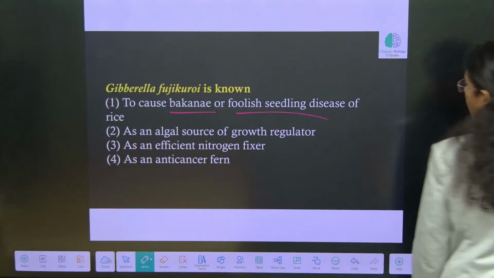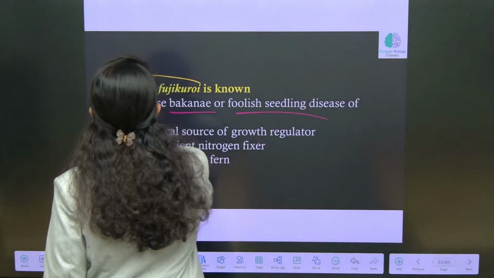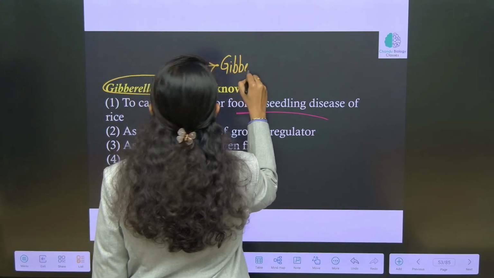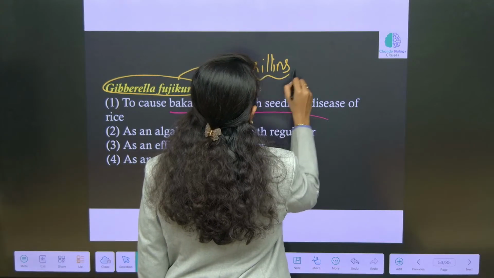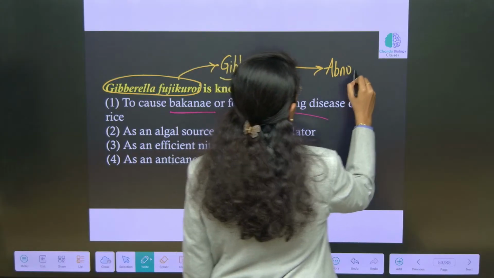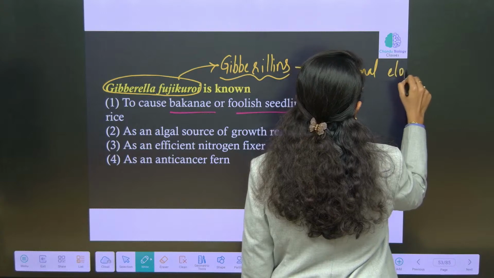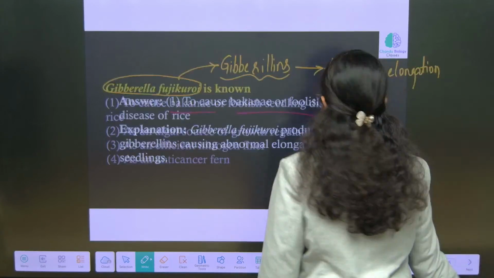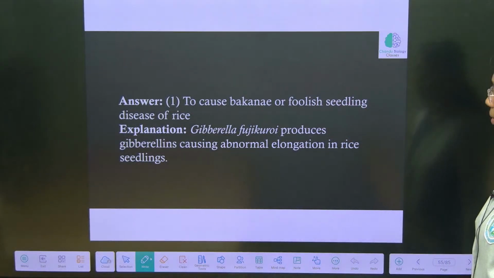This will release the chemical known as gibberellins. This will lead to abnormal elongation of the rice stems. Fine. This causes abnormal elongation in rice seedlings.